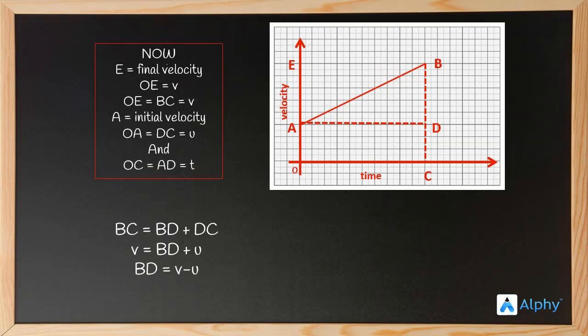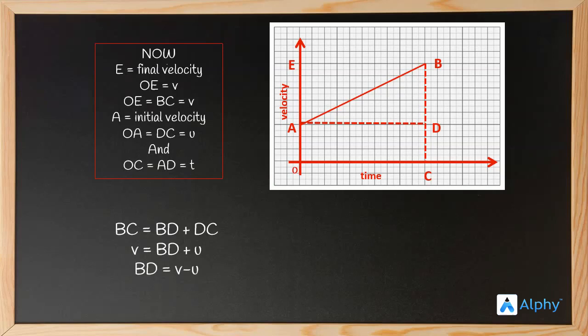Now we'll keep this in mind and take your attention to AB. AB is the slope of this graph. A slope of a graph usually tells you the ratio between its y-axis value and the x-axis value.